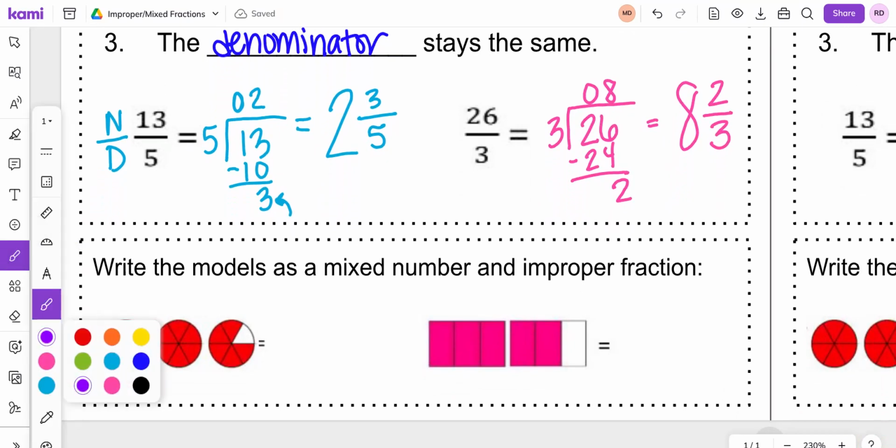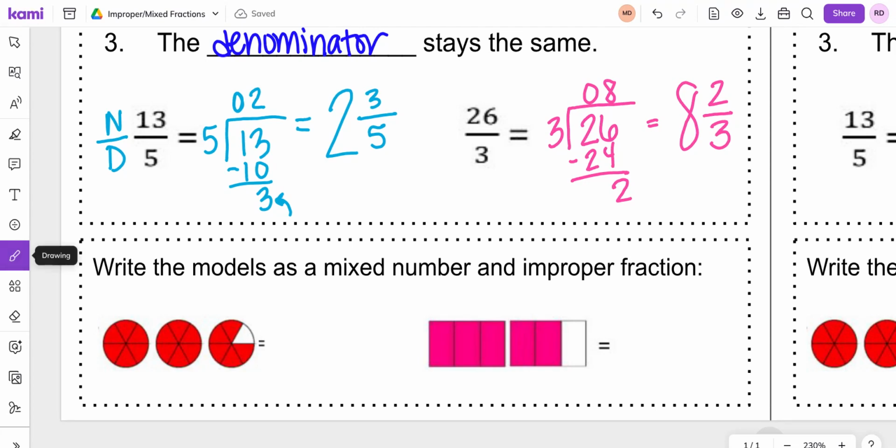Down here, it just wants us to write them as a mixed number and an improper fraction. So this is just working on reading the models. So if we look at the circle model, there is 1 whole and 2 wholes shaded. And then there is 1, 2, 3, 4, 5. So 2 wholes, 5 of the 6 total pieces.